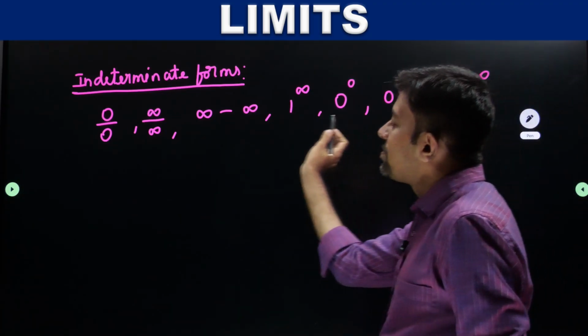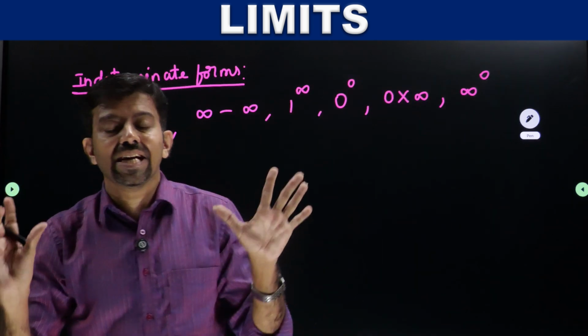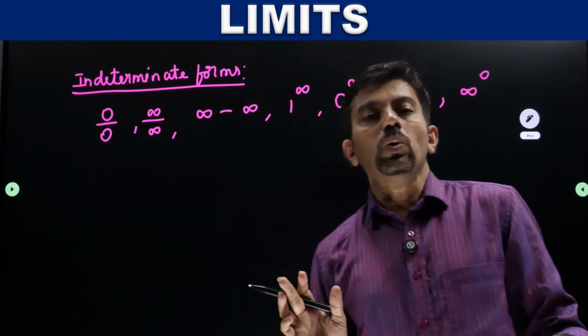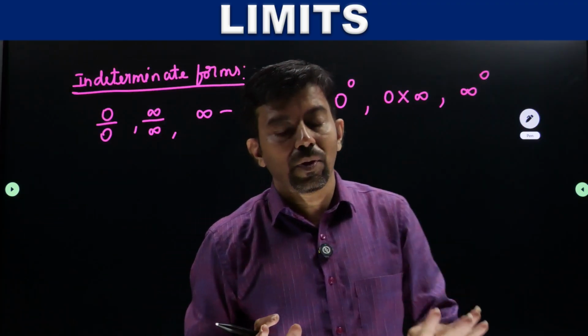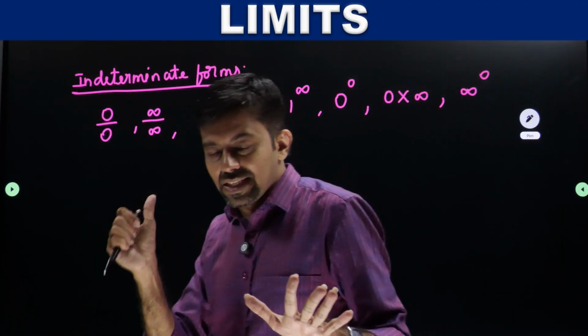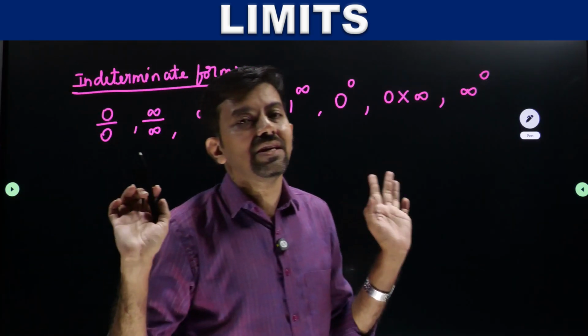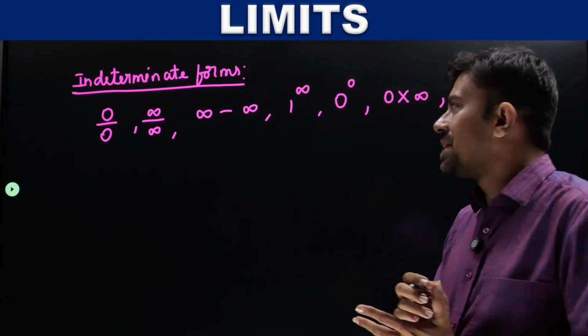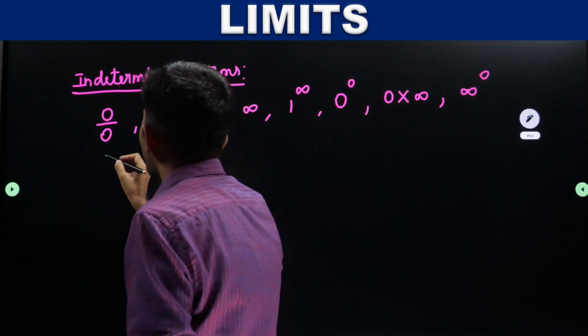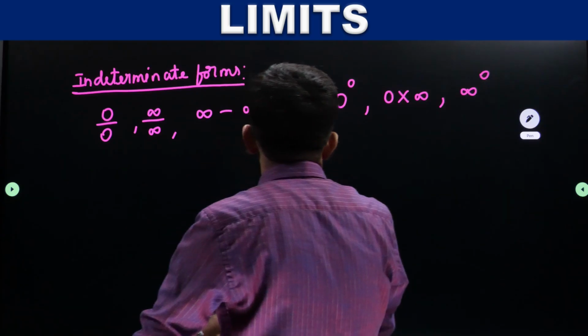These are the frequently used 7 indeterminate forms. Okay. And we've got next, algebra of limits.